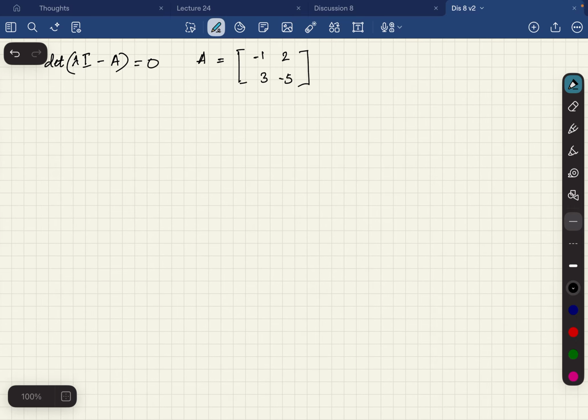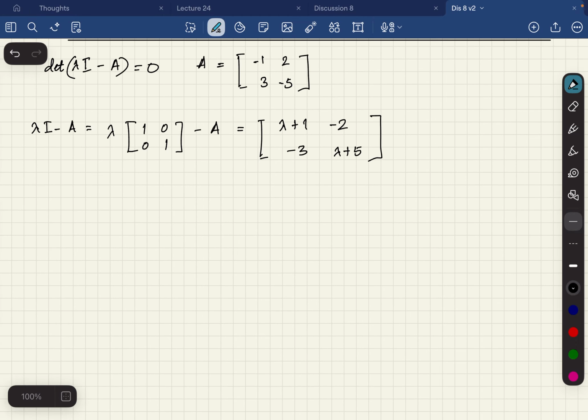So what is this matrix lambda I minus A? It is nothing but lambda times the identity matrix minus A. You know the rules of matrix element-wise addition and subtraction. So you get lambda plus 1, minus 2, minus 3, lambda plus 5, and you go ahead and take its determinant.